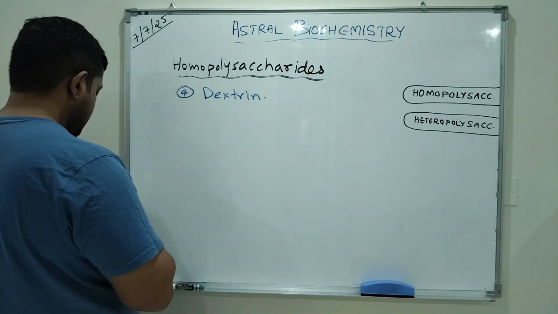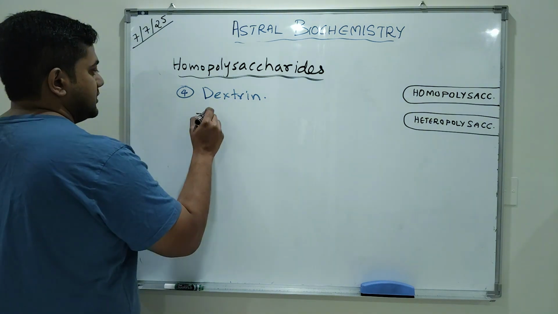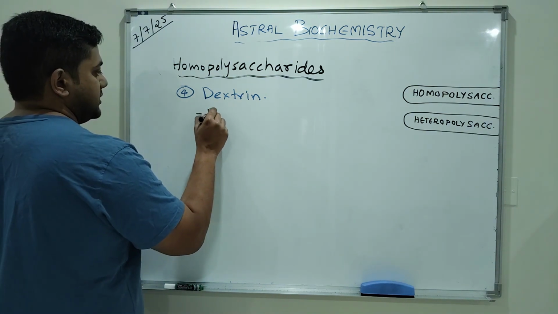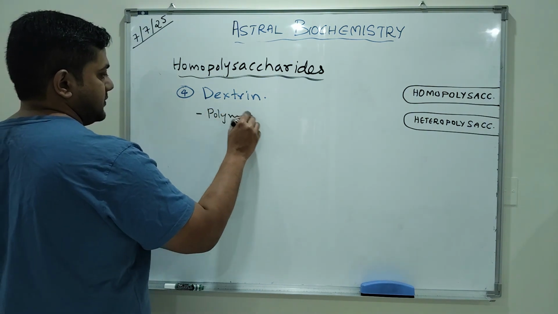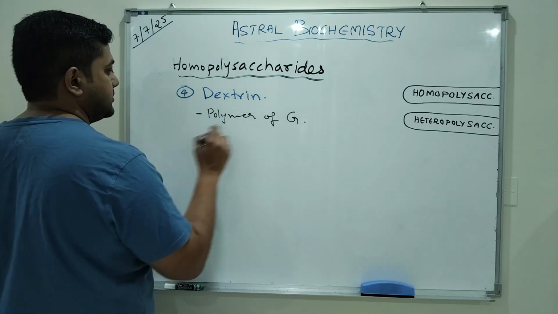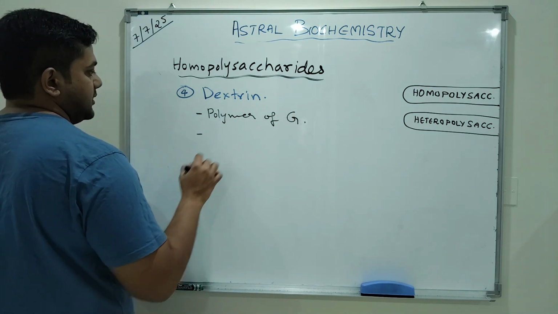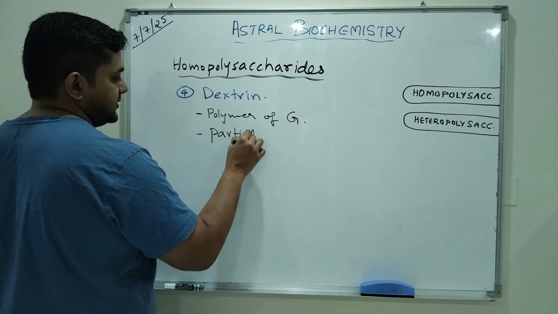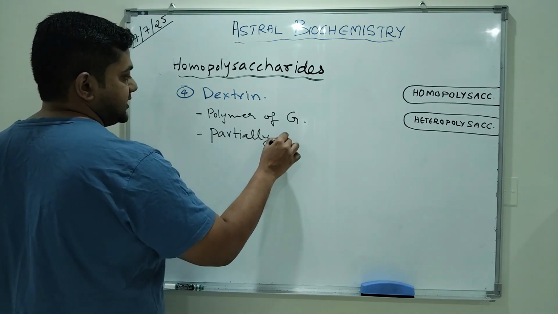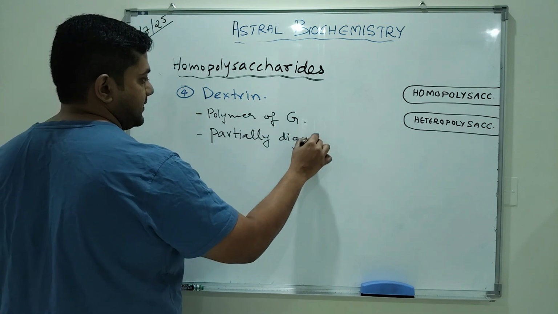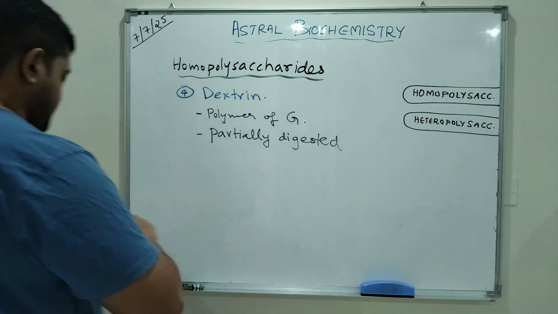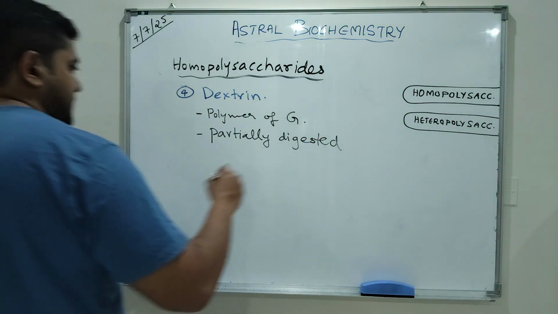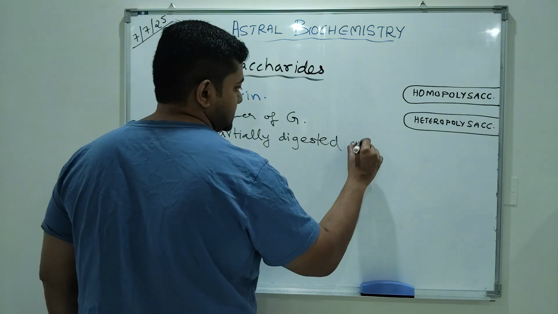Dextrin is again a polymer of glucose, but it is actually a partially digested product of starch.